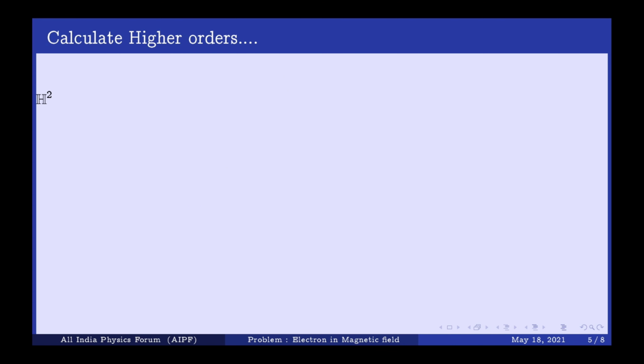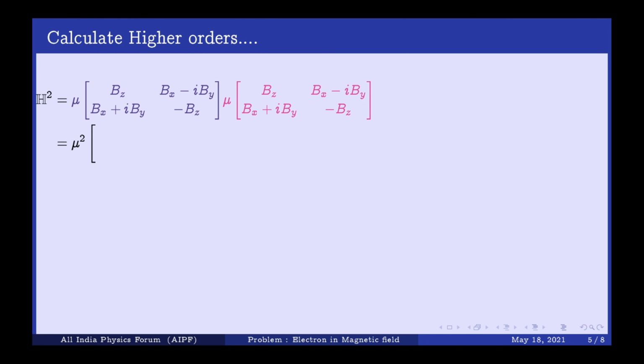For finding it in matrix form, just put two H like that, and you have to matrix multiply these two matrices, and that will give you these two diagonal terms. As you can see, this Bz will multiply with that, and this will be Bz square, and this one is Bx minus iBy, that will multiply with Bx plus iBy, and a similar kind of term will appear in the other diagonal term also.